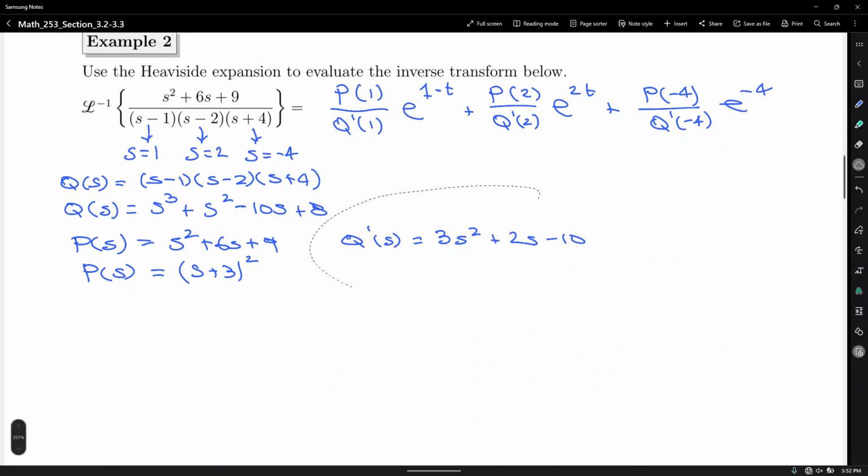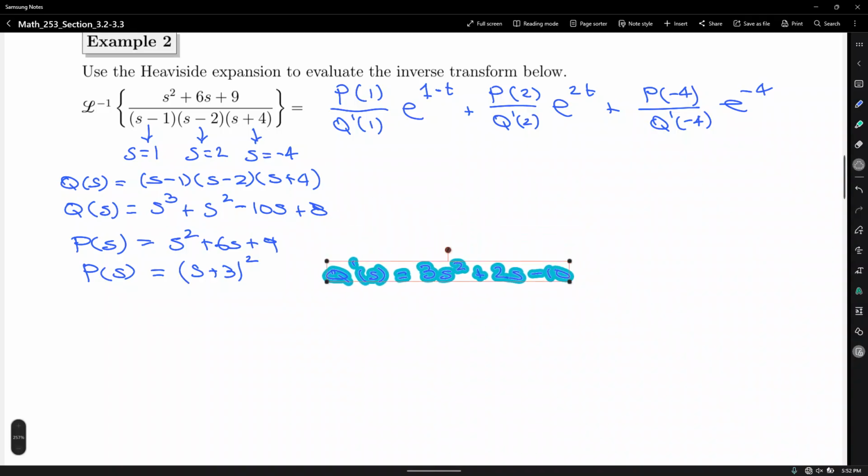Okay. And what are we going to do here? We're going to evaluate these two for each of the zeros in the denominator. That's to get P of 1, P of 2, P of -4, and the derivative of Q at those same values. All right. So P of 1 equals 1 plus 3 squared, which is 4 squared, that's 16.